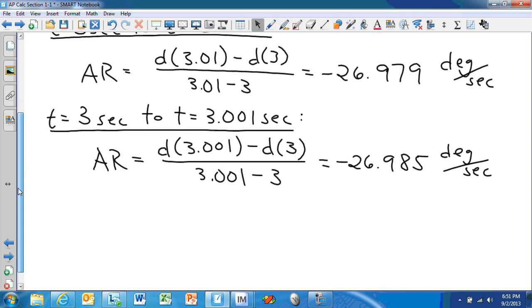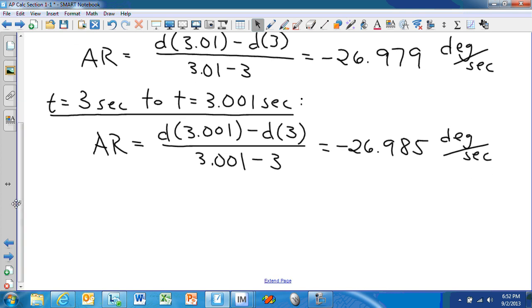But again, let's write our concluding remarks here. These two answers are relatively close. I'm satisfied with those two results there.